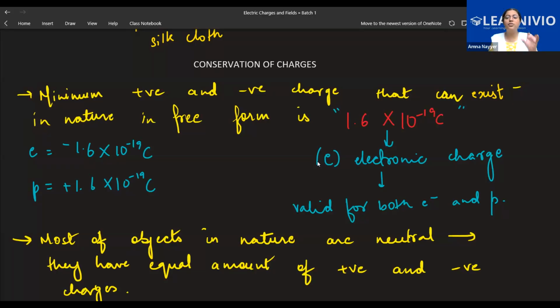You should know that one single electron holds this much amount of charge. So how much will 2 electrons hold? How much will protons hold? These we'll see in the properties of charges in tomorrow's class. Whenever you see the symbol e, you can replace it with this term. Got it, Ali?